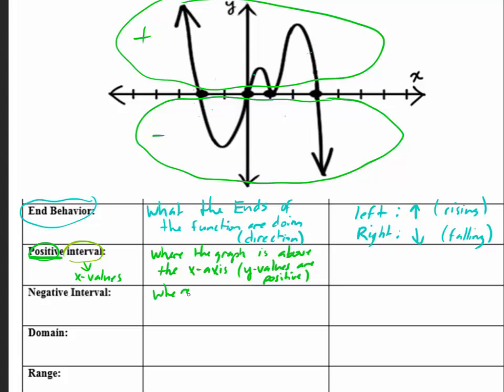Let's go ahead and let's get that definition down. Y values are negative.